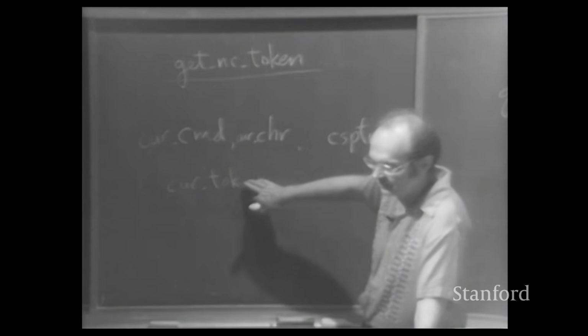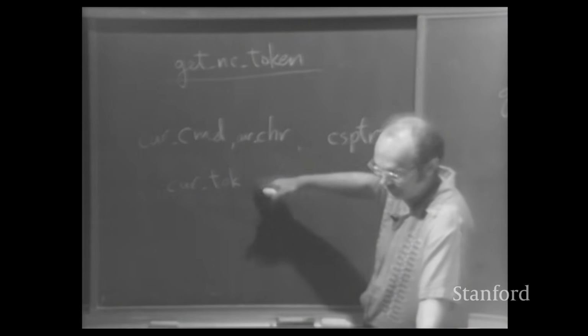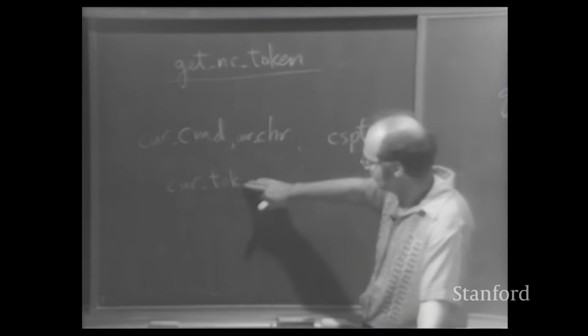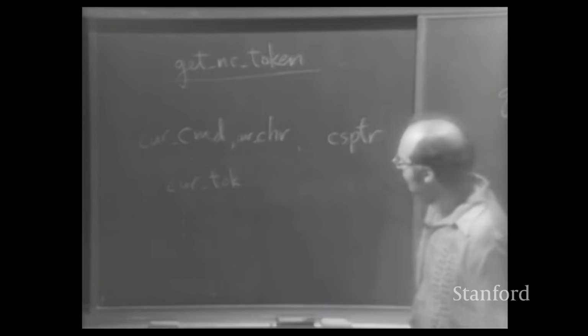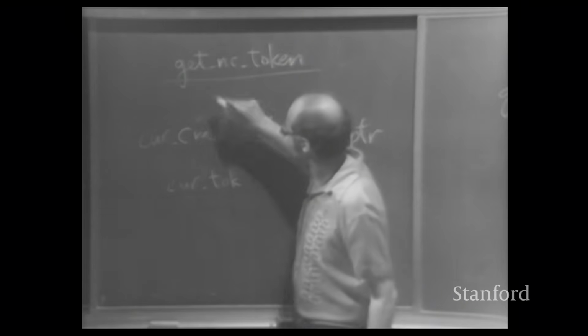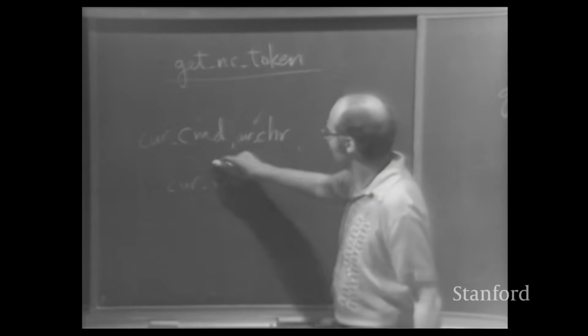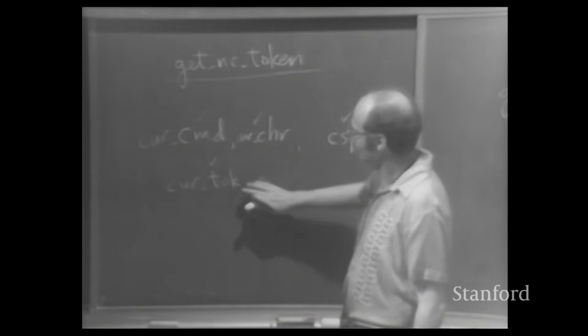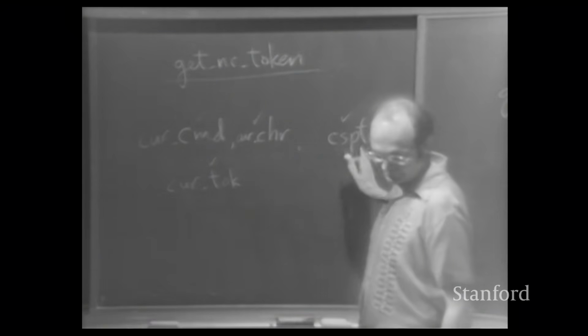This is convenient if you want to store it away in another token list or something like that. Or if you have to back up, it's all ready to be backed up. So get NC token gives you the values of cur command, cur char, CS pointer, and cur tok, and this is enough by itself to deduce the other three.